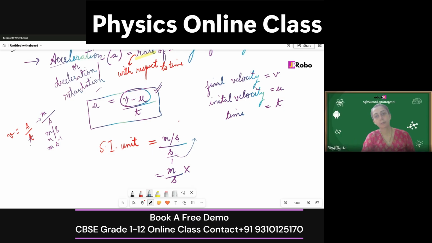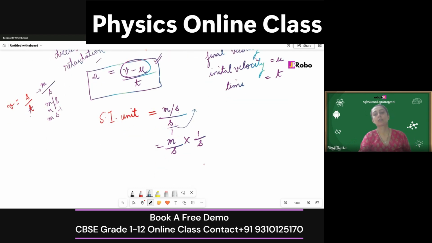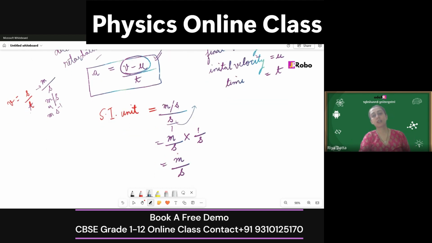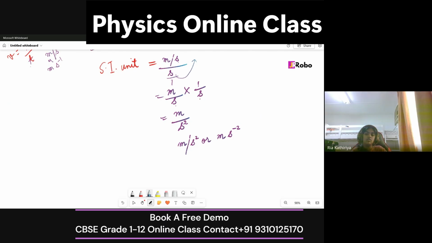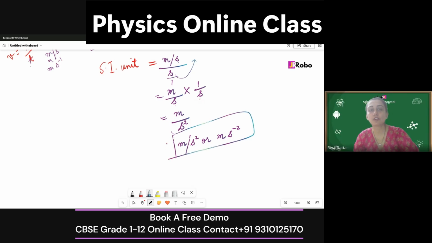It will become this. Second into second will become second square. So the SI unit for acceleration is either meter per second square, or meter second inverse with the power of minus 2. These are the two representations for the SI unit of acceleration.